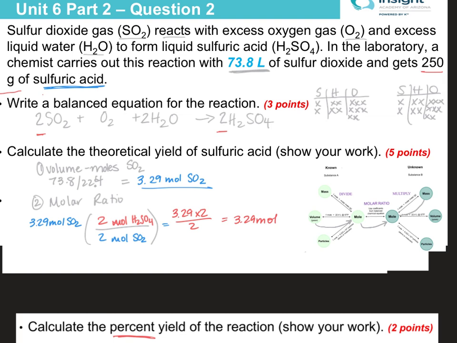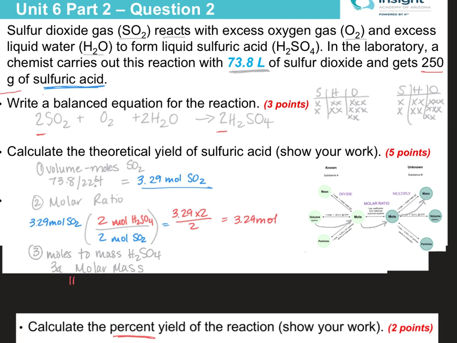Now we need to get to our mass of sulfuric acid. So step three, moles to mass of H2SO4. So 3A is the molar mass.